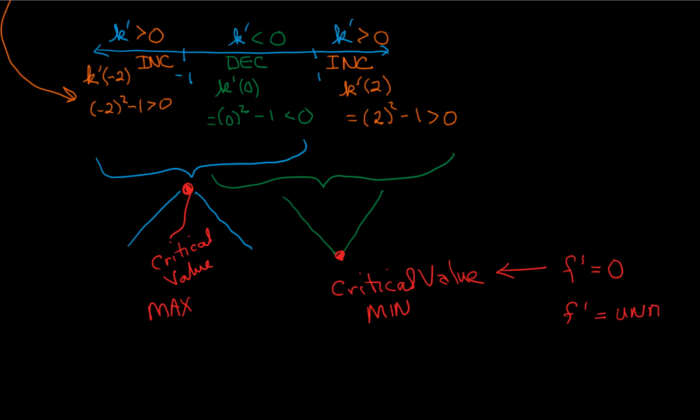We'll take a look at those as we move on. But for right now, we're going to focus primarily on what's going on when the derivative is 0. Remember, critical values occur at either where the derivative is 0 or where it is undefined. Another way to phrase that is does not exist. Those are critical values.